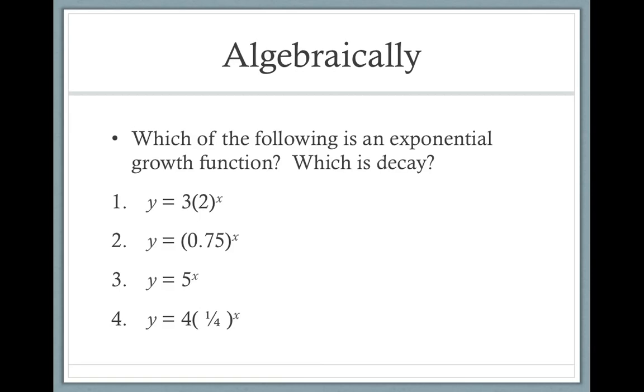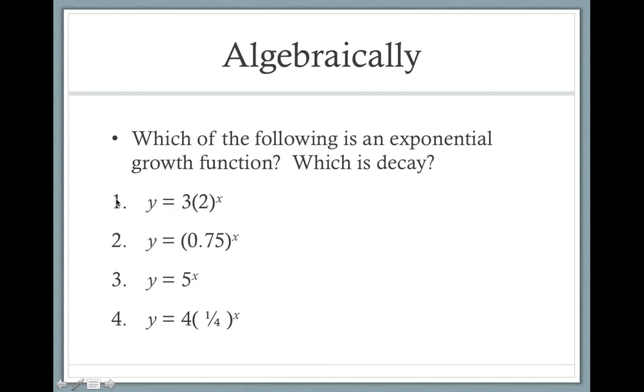Which of these four equations do you think represents an exponential growth function, and which ones represent exponential decay functions? Take a minute to think about it. Now hopefully you remember from our first objective that an exponential growth function is one in which our b is something greater than 1.